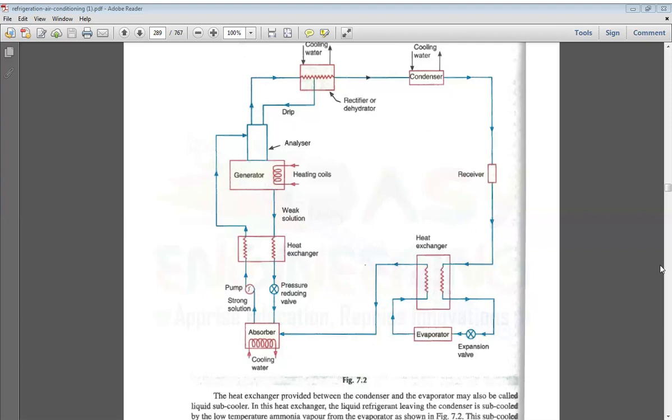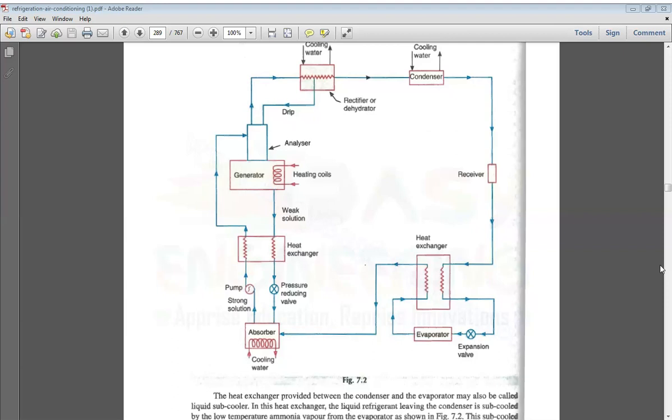Water is theoretically converted to ice, so that it blocks the pipelines, choking the pipelines. Considering this major disadvantage, we try to completely eliminate the absorbent portion in the rectifier itself.